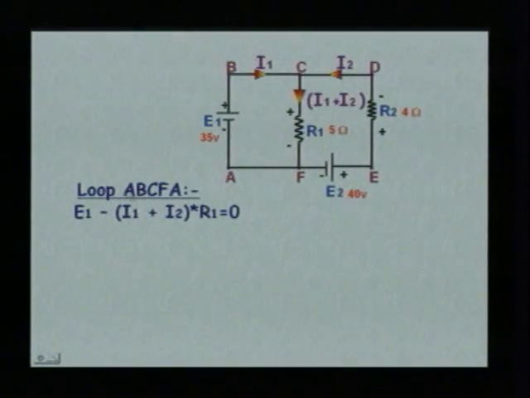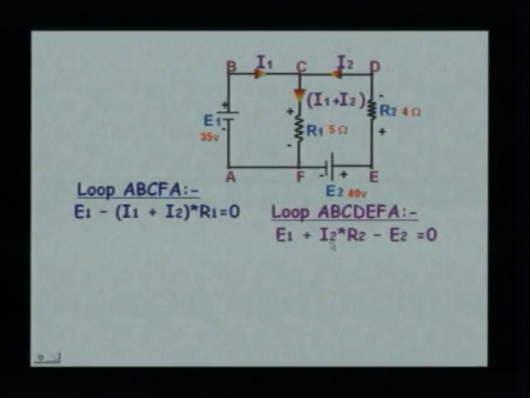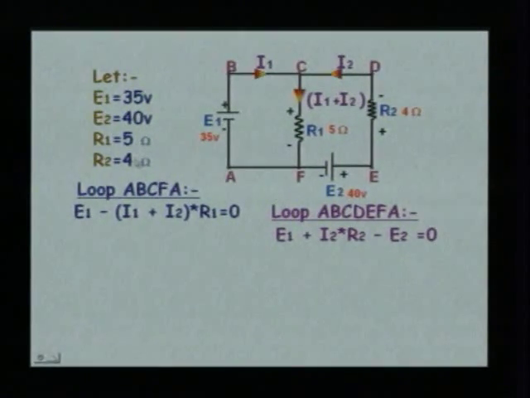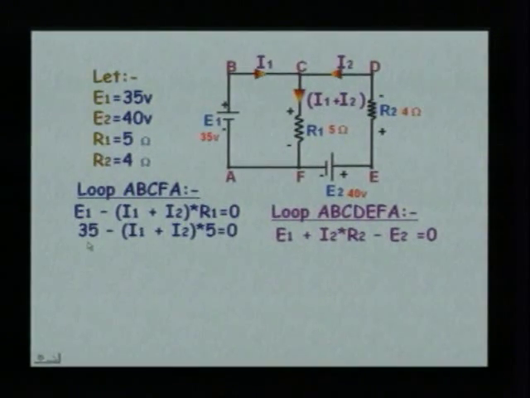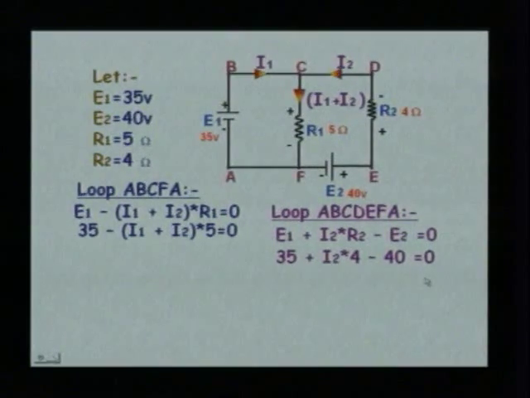We have seen the loop equation ABCFA, which is E1 minus I1 plus I2 into R1, as well as the loop equation A, B, C, D, E, F and A, which is E1 plus I2 R2 minus E2 equal to 0. Now, we will put down E1 as 35, E2 as 40, R1 as 5, R2 as 4. Substituting in the equations, that is 35 minus I1 plus I2 into 5 is equal to 0, and 35 plus I2 into 4 minus 40.